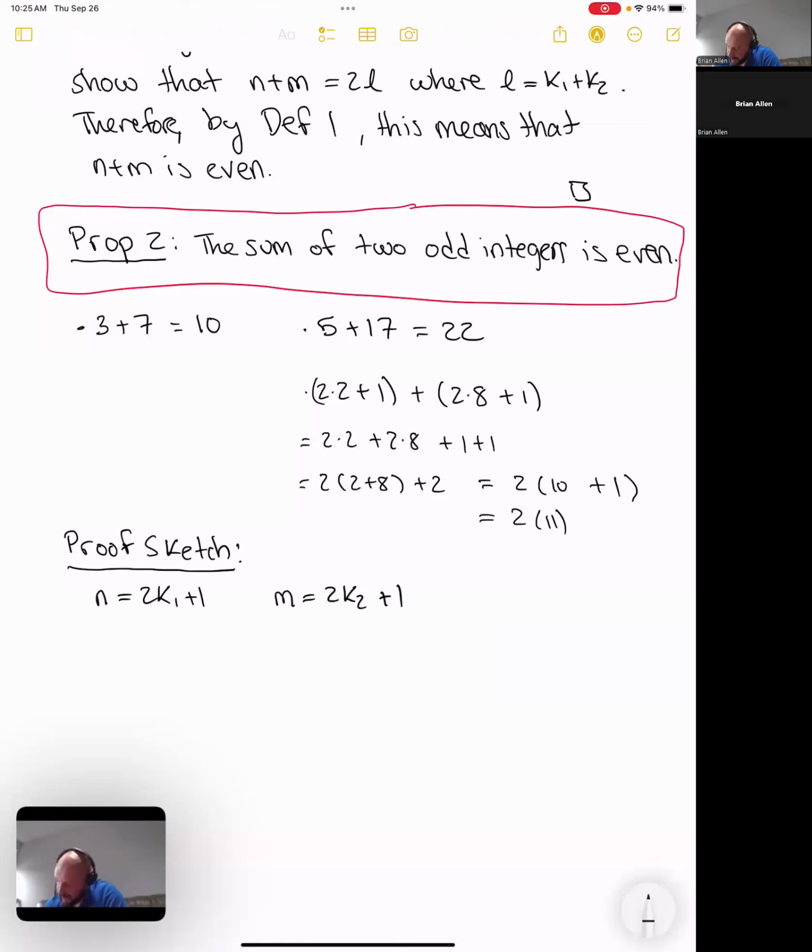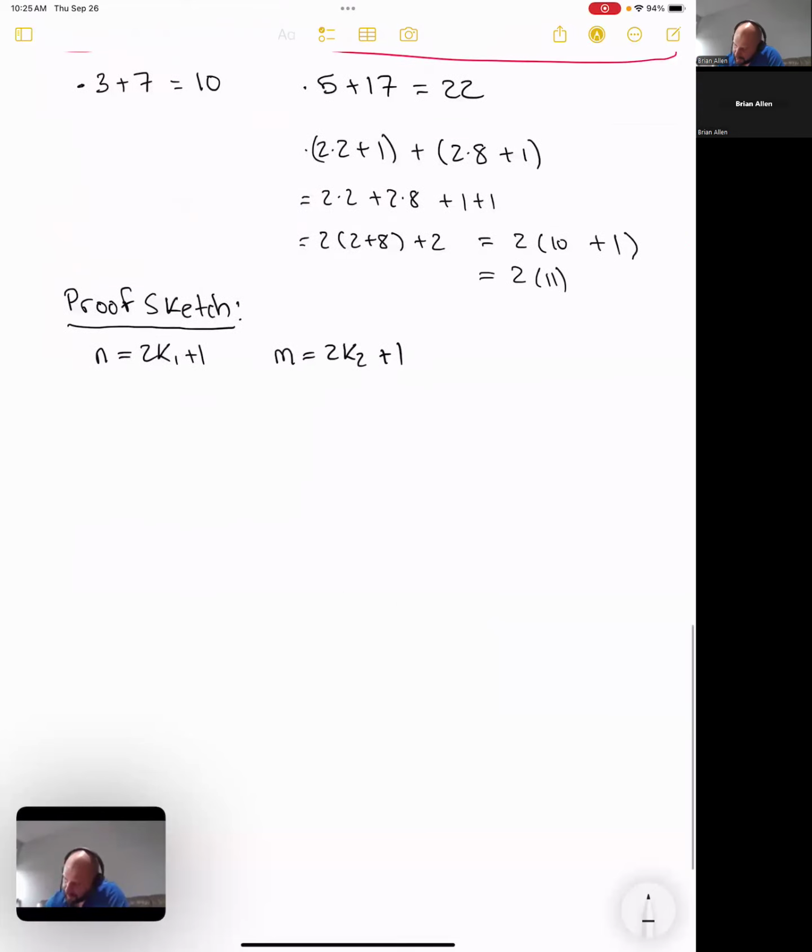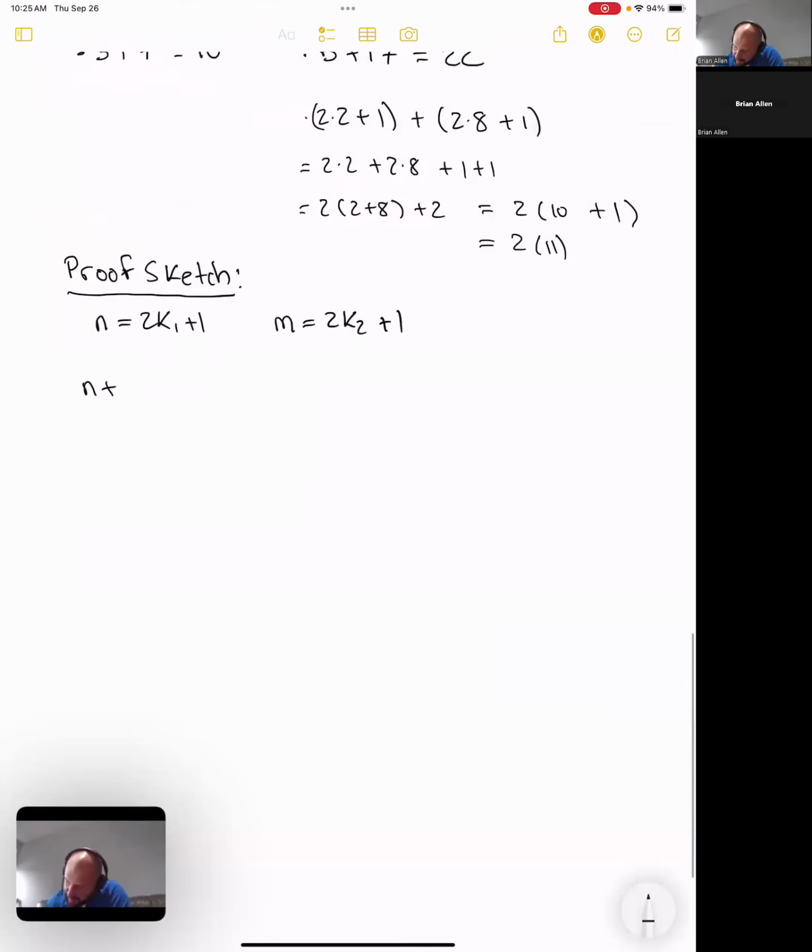I know I can write n and m in this odd characterization way. So that means it's 2 times an integer plus 1. And so when I go to add them, I rewrite them in this way. And now I want to use the trick that I saw before.